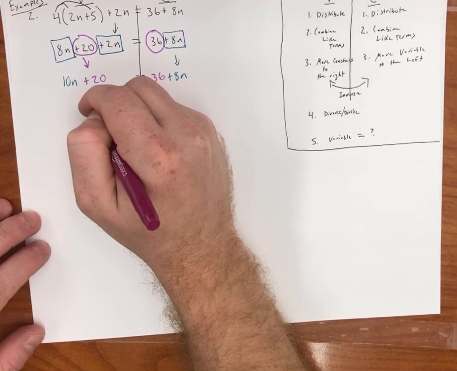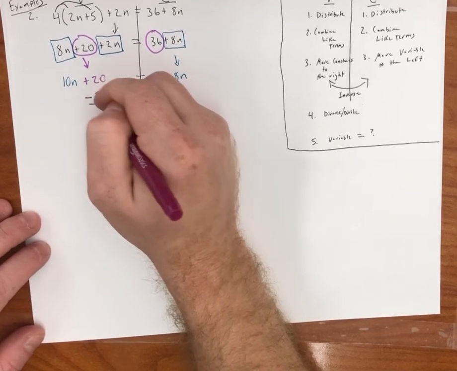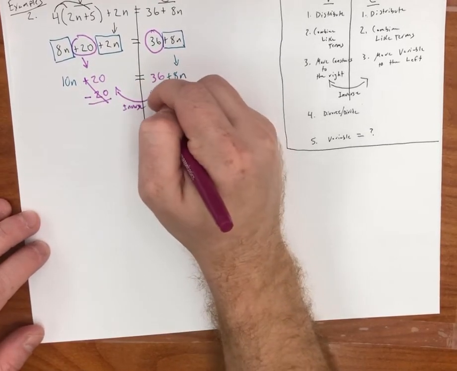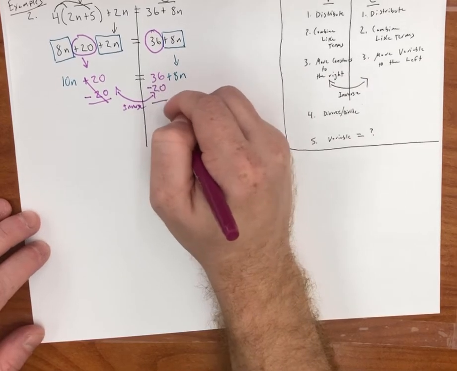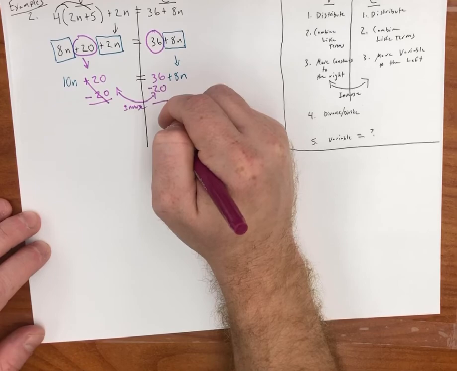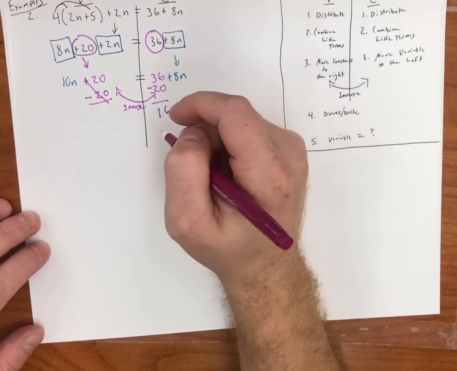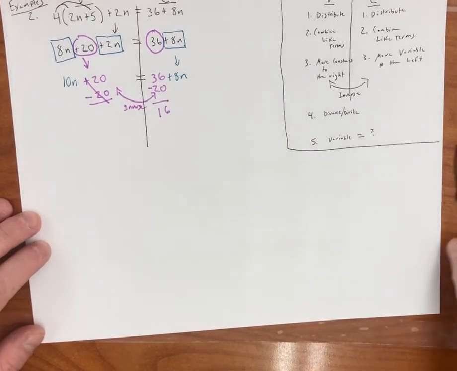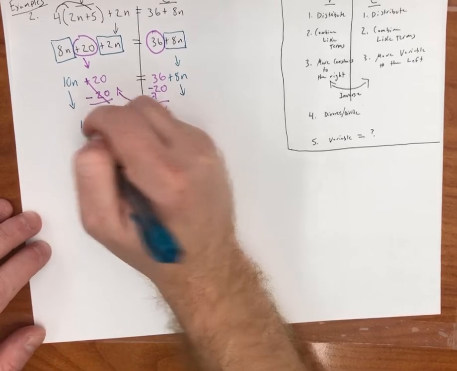The inverse of addition is subtraction. Minus 20. Remember, that's going to give me 0. What I do to one side, I have to do to the other. So now I have 36 minus 20, which is going to give me 16, and then 3 minus 2 is 1. Okay, and then now I'm bringing down my variables because I did not do anything with those just yet.